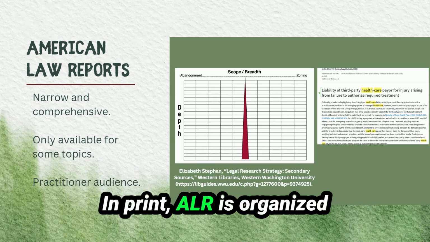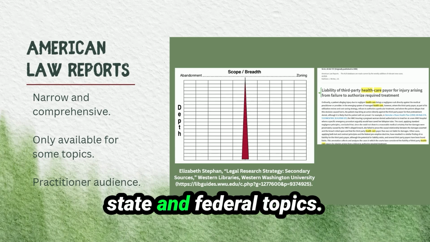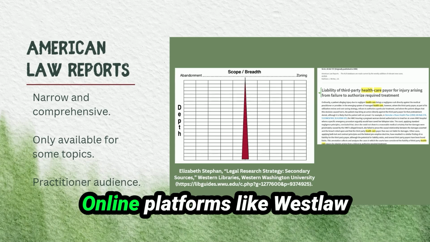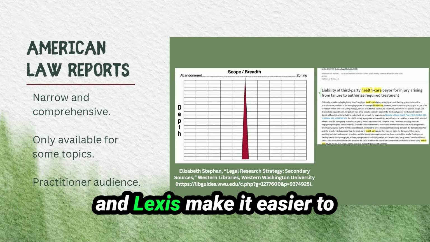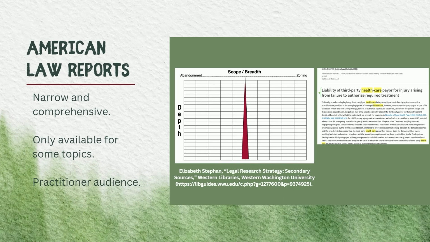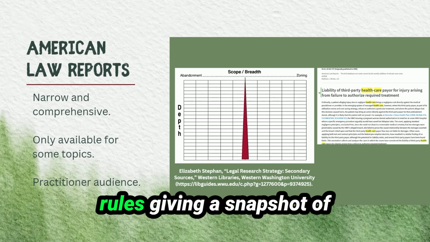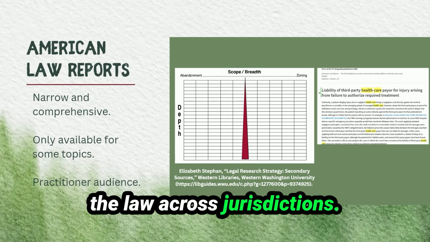In print, ALR is organized into multiple series covering state and federal topics. Online, platforms like Westlaw and Lexis make it easier to search by keyword or topic. Each annotation includes a table of cases, laws, and rules, giving a snapshot of the law across jurisdictions.